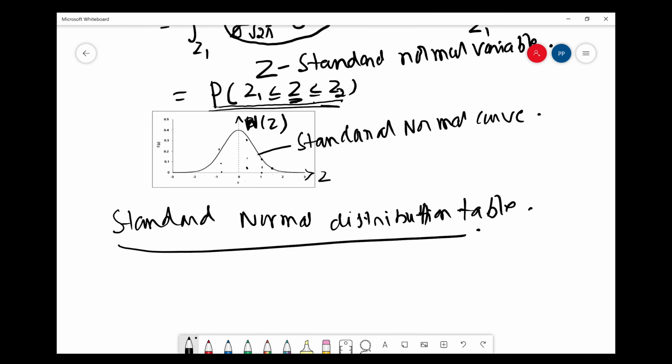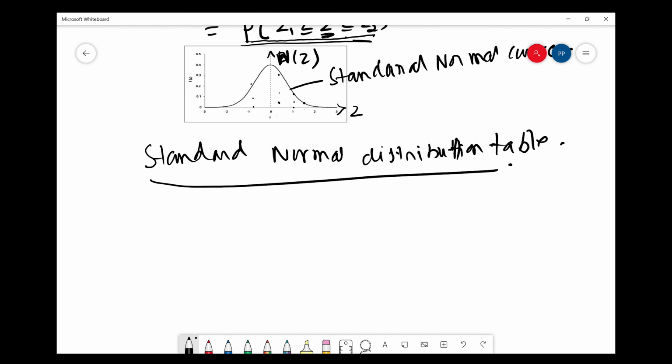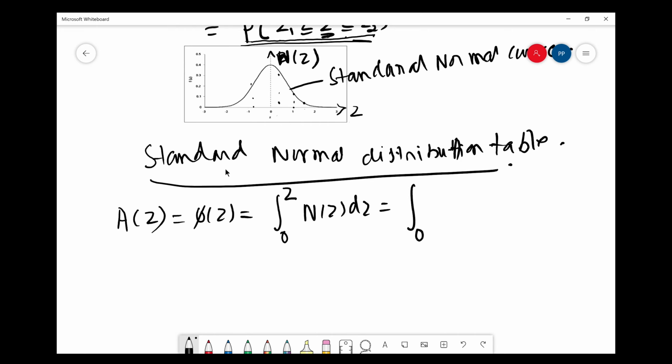The standard normal distribution table gives the area A of z, or phi of z, which is exactly the integral from 0 to z of n of z dz, which is nothing but the integral from 0 to z of 1 by root 2 pi into e to the power of minus z square by 2 dz.